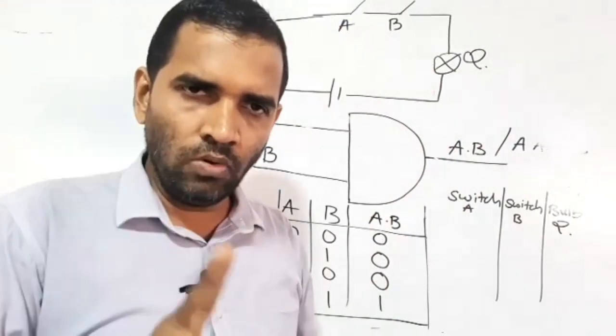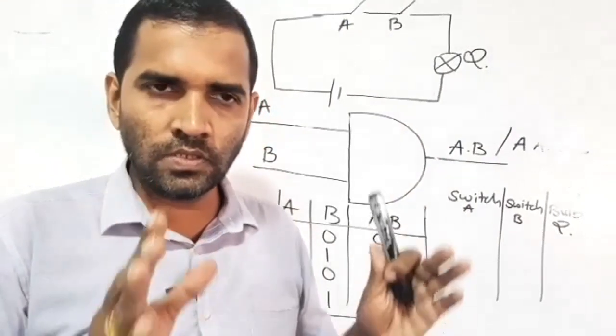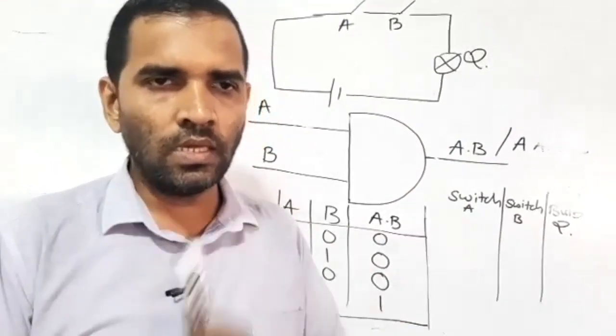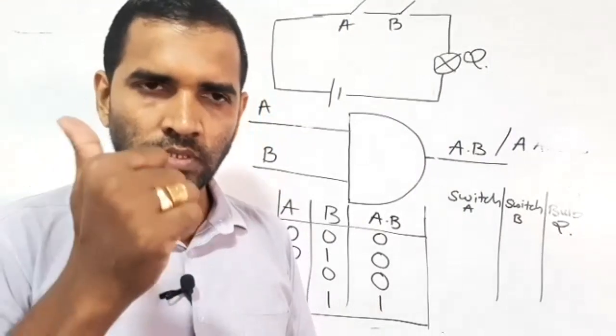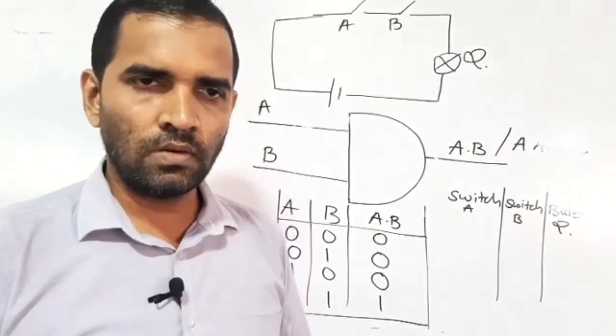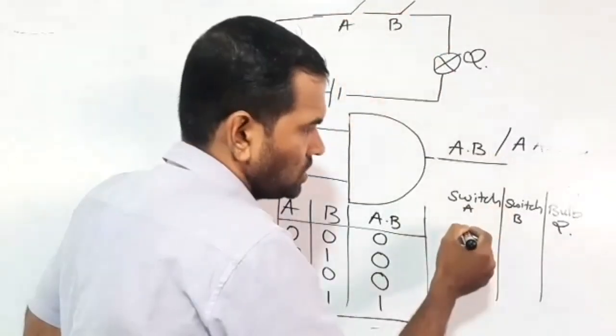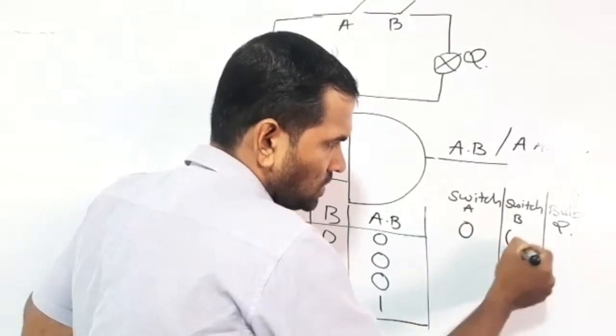When a switch is on, it is taken as 1. This is the fixed meaning in electronics. Now both switches are off, so switch A is 0, switch B is 0.